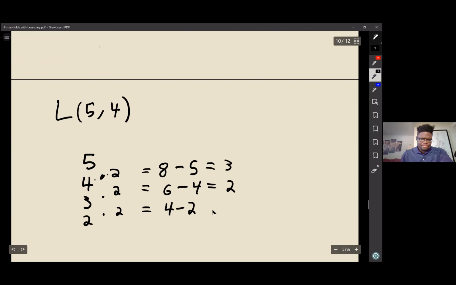I subtract the previous term in my list going down this way. I get 1. I need to multiply by 2 in order to get 2, minus 2, I get 0. My process terminates.